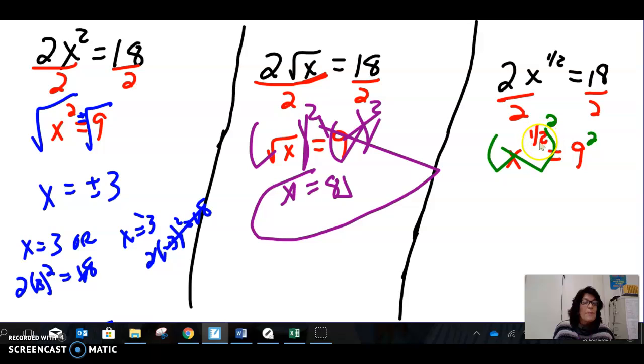Because when I take a power to a power, I multiply those exponents, and 1/2 times 2 is 1. So now I have x to the first equals 81. So when you have your variable raised to a fraction, you raise it to the reciprocal power, each side, because you have to do the same thing to each side. Square root of x and x to the 1/2 are the same thing.